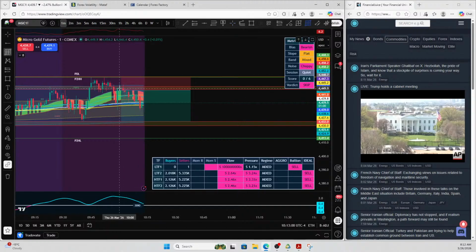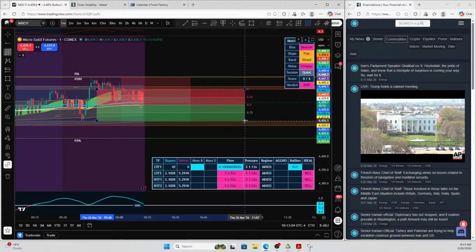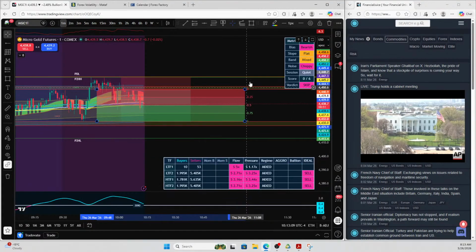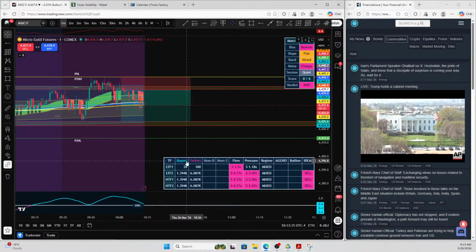We're pretty much at the 50% mark right now. A lot of the times these are the levels at which price can potentially show reversals, but since we are bearish anyways, we can see price continue moving down.